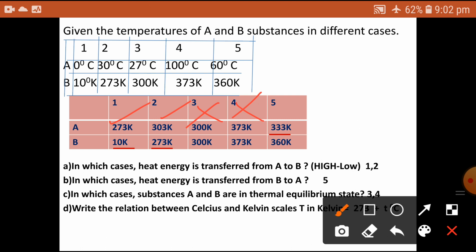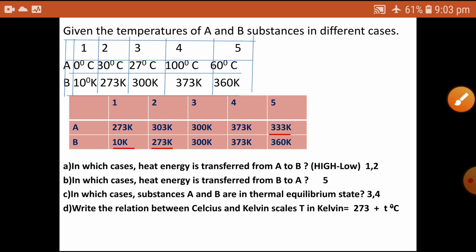So no heat transfer. And in the fifth case, 333 Kelvin and B is at 360. So B is at the higher temperature, no heat transfer from A to B. So what are the cases? You have to write 1 and 2, because A is at higher temperature when compared to B in the first case and the second case.